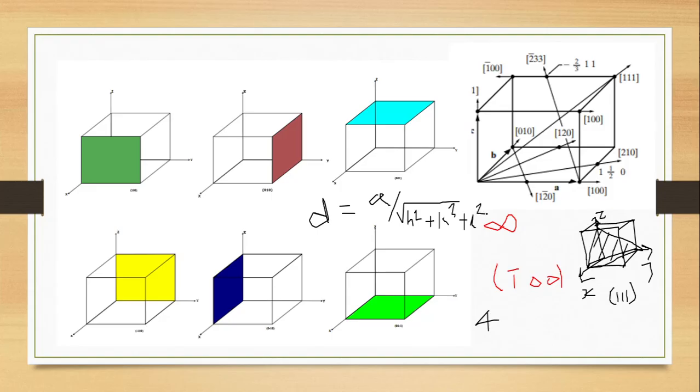So this is the interatomic distance d. This is our lattice parameter a, and these are the values from hkl. This is for a cubic system. So you can use this in XRD analysis, which is in the next section. So that's one way Miller indices can be used.